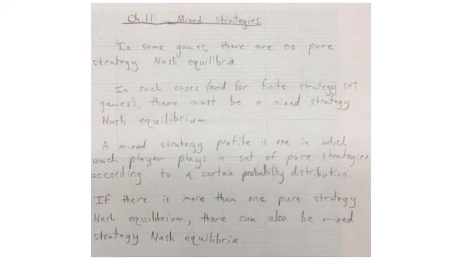You might mix between your strategies that support different pure strategy Nash equilibria. So usually in these finite strategy set games, we look for mixed strategy Nash equilibria when there are no pure strategy Nash equilibria, or when there is more than one pure strategy Nash equilibrium.